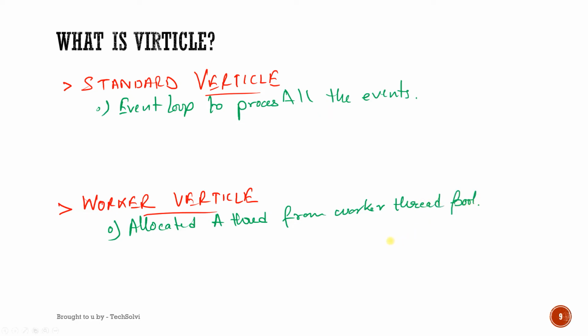So what's the difference? One of the key properties of the event loop is that it's a non-blocking operation, so the event loop should not get blocked. What does that mean? It means no event in an event loop should take more than 2 seconds to process.